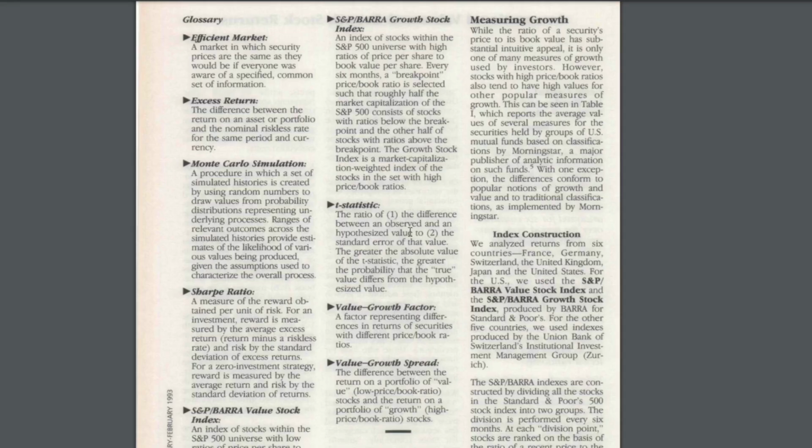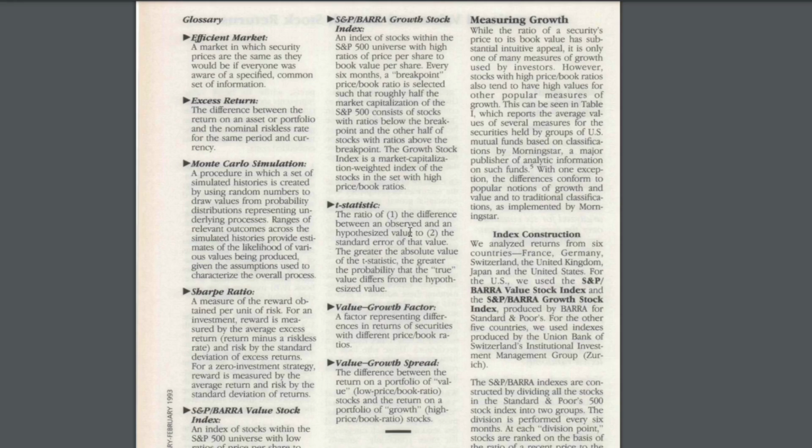T statistic, I'm just going to read it because it's just a statistical value that they use in this, and it's the ratio of the difference between the observed and hypothesized value over the standard error of that value.